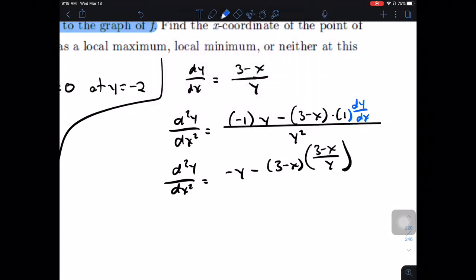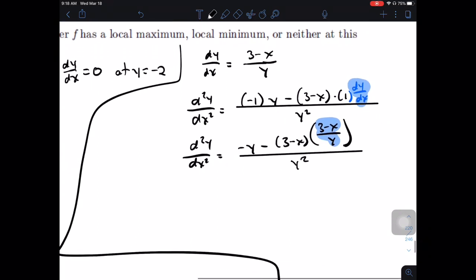Because once again, I'm just replacing this with this, and then we have the bottom squared. We want to know, using the second derivative test, if we plug in the ordered pair 3, negative 2, is our answer going to be positive or negative? So let's evaluate this at 3, negative 2.